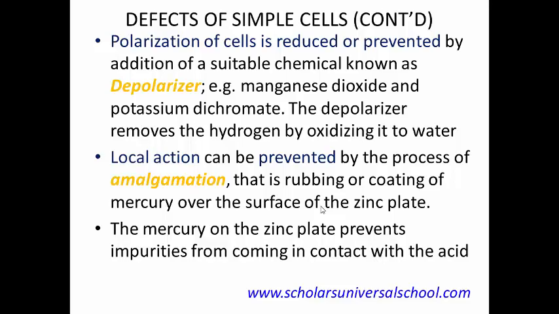The mercury on the zinc plate prevents impurities from coming in contact with the dilute sulfuric acid used in this simple cell. So the major way of reducing polarization is by using a depolarizer, and for local action it is by amalgamation, that is, rubbing the zinc plate with mercury.